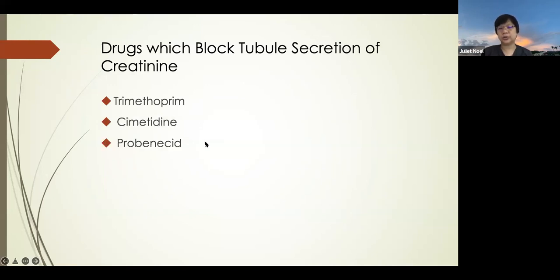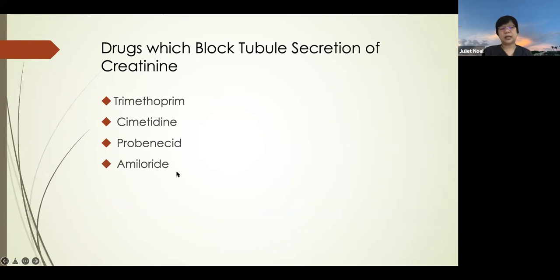Cimetidine is an old generation H2 antagonist. Probenecid is not available anymore in the market in the Philippines, but we used to give that to delay the excretion of certain medications, not to prolong the action. As of now, we don't use that.